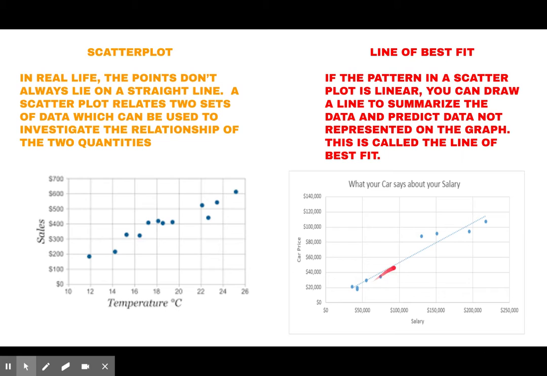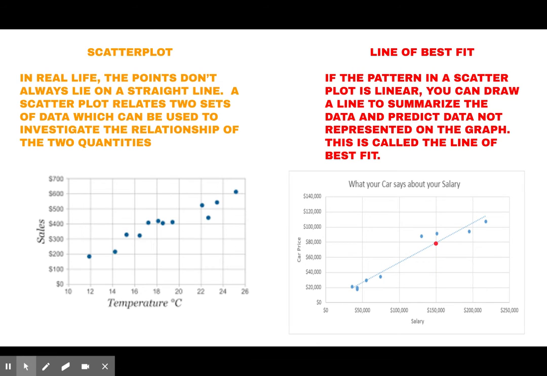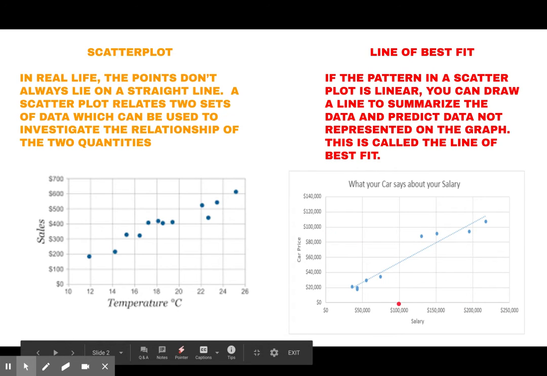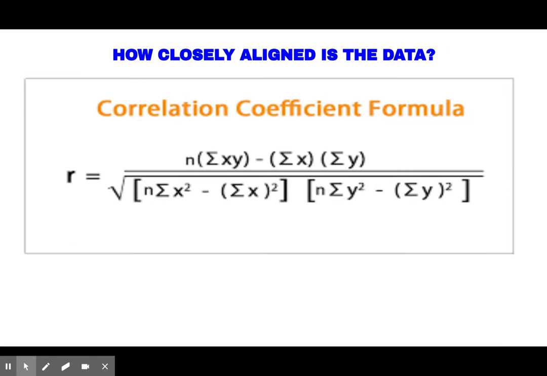We can draw that conclusion based upon the fact this is a positive correlation. As one increases, the other increases as well. But since we draw the line of best fit in, we can actually predict what a person who has a salary of $150,000 might purchase for their car, and what somebody who, say, makes $100,000 might purchase for their car as well. So that's where a line of best fit comes in to help with modeling and predicting change.